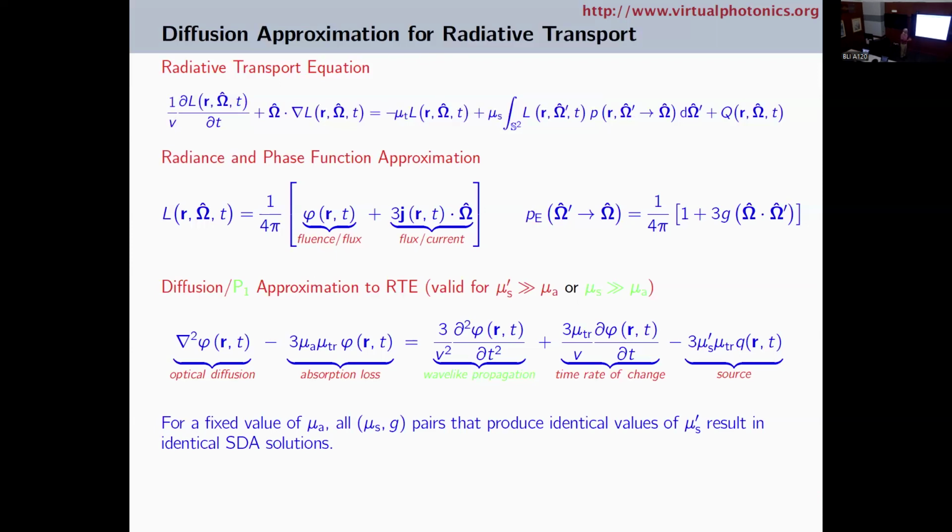When you use SDA, you have only a first derivative in time, which means that if you use SDA to solve reflectance as a function of time, you will get a non-zero reflectance immediately after time equals 0, because the first derivative propagates things everywhere at infinite speed.